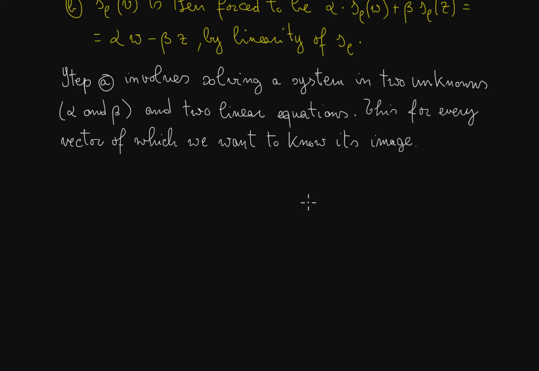In coordinates, I just have to plug in the coefficients of the vector I want to find the image of. On the other hand, if I just know the image of a basis of the domain, I have to first find the expression of the vector in function of this basis, and that involves the solution of a system of linear equations. Therefore, I'm going through many more computations than just having it expressed in coordinates.